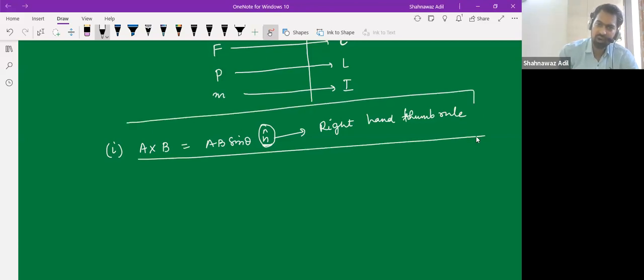We already know what the use of the dot product is. The dot product is used in work and power and other things.